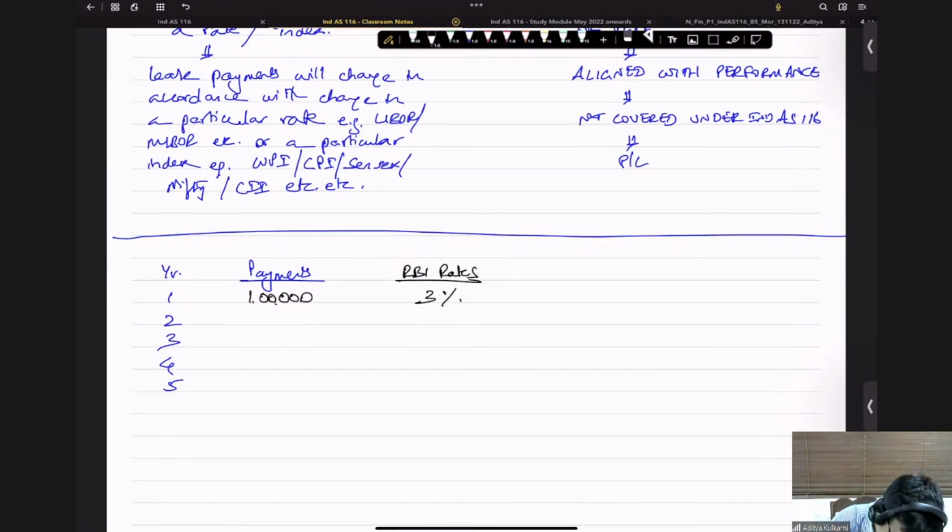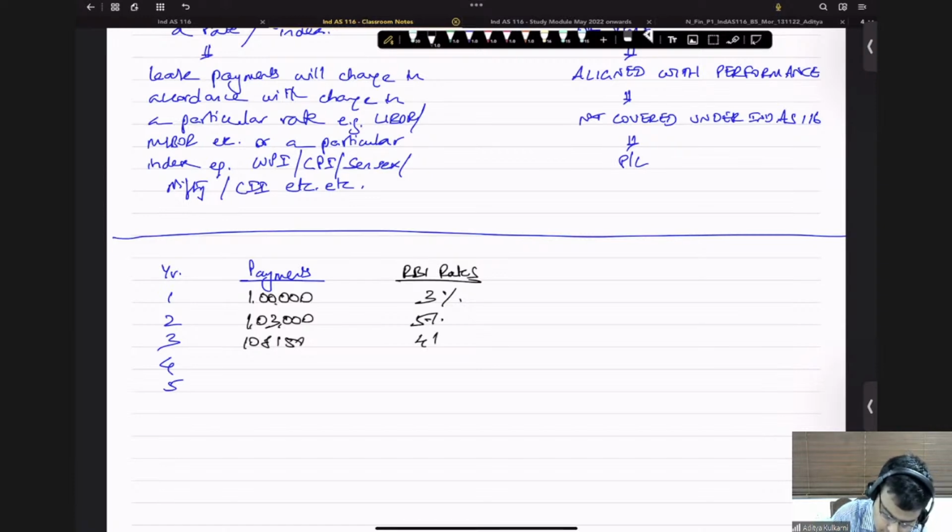So at the end of year 1 or beginning of year 2, you know that the lease rent is going to be 1,03,000 for year 2. Now we move on to the next rate, say 5%. So 1,03,000 into 1.05 is 1,08,150.